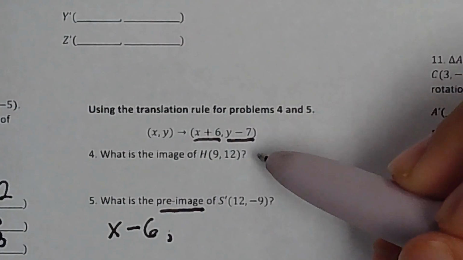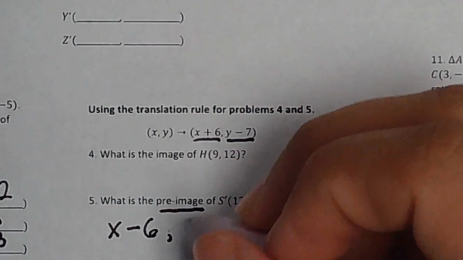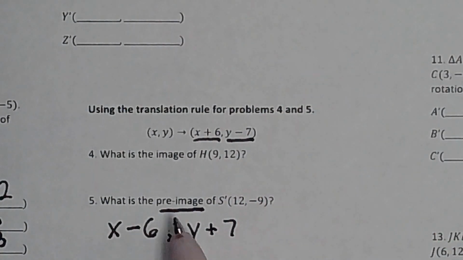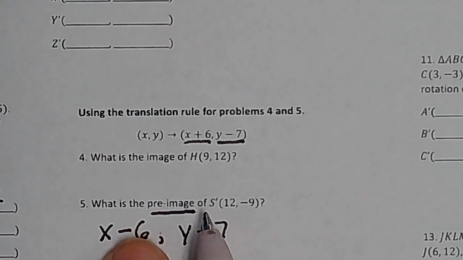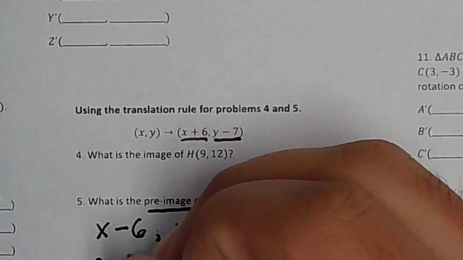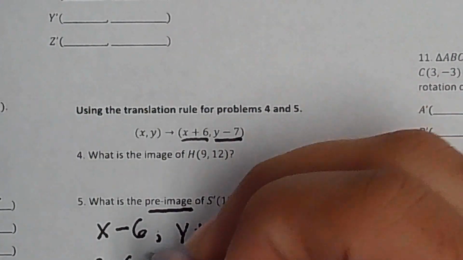Okay, if my y was y minus 7, what is the opposite? Adding 7. You are only doing this because you're looking for the pre-image. That is the only reason that you're going backwards instead of forwards. So I should have 12 minus 6 and negative 9 plus 7. What is 12 minus 6?